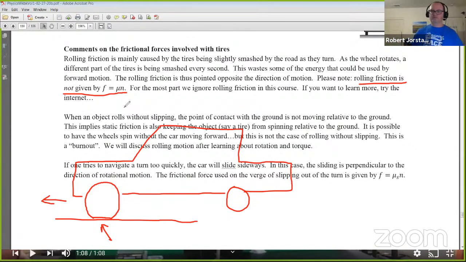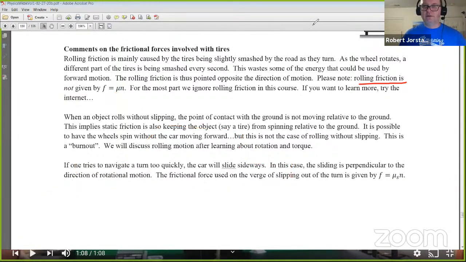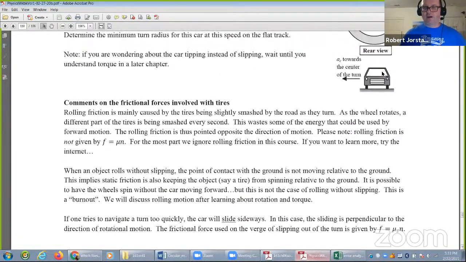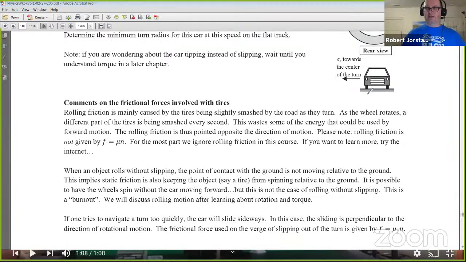So we're going to completely ignore rolling friction. That rolling friction is a force that opposes your motion, so that's friction due to rolling. That is not what we're going to talk about. If we look at the picture up above with this car, the car is rolling into the page, and we're ignoring friction out of the page, the rolling friction towards us.